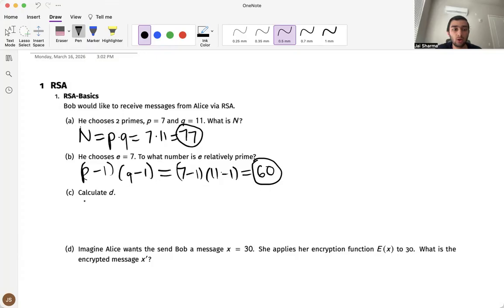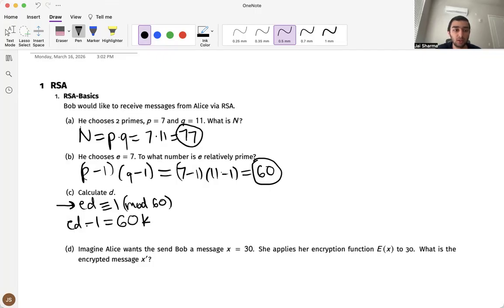And our hope is that when we multiply E times D, we have to get 1 mod 60, right? And if we rearrange this, another way of interpreting this modular arithmetic statement is that ED minus 1, if I just subtract the two, their difference is a multiple of 60, 60 times some k.